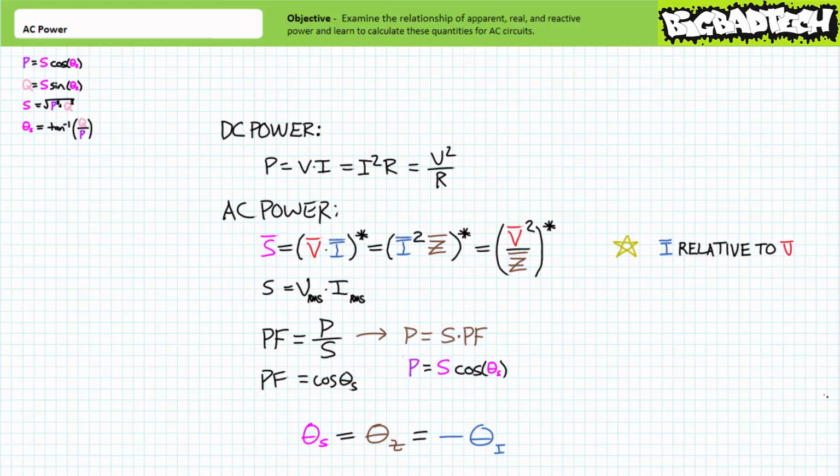Additionally, if you've referenced current with respect to voltage as required, theta s is the inverse or negation of current's phase shift, theta I. In summary, theta s equals theta z, equals the negative phase shift of current. Again, I could go on and on about the inconvenience of the assumed sign of reactive power, but all my raging won't make a difference.